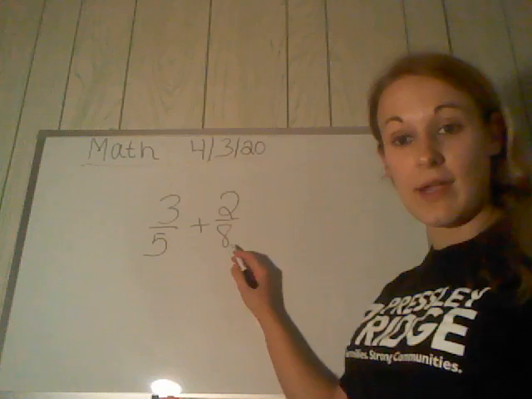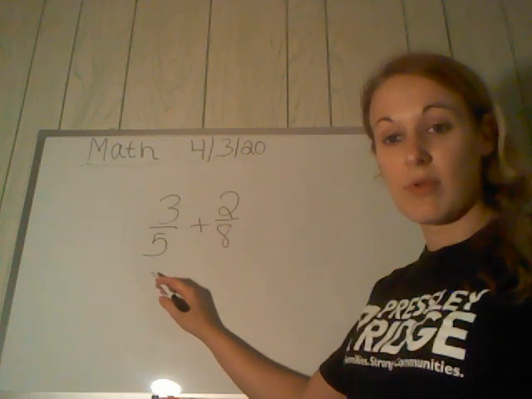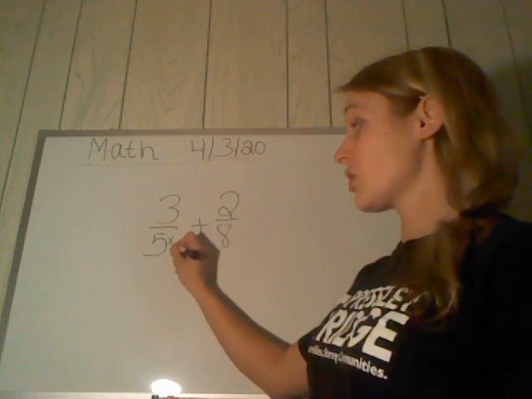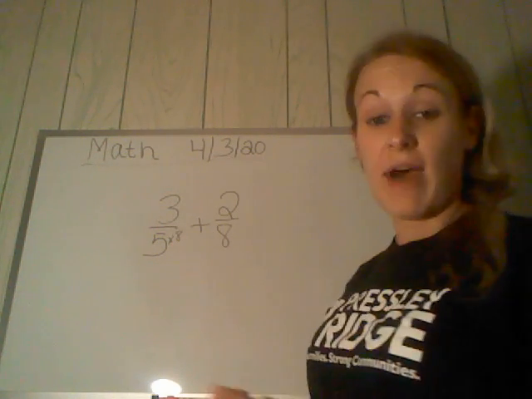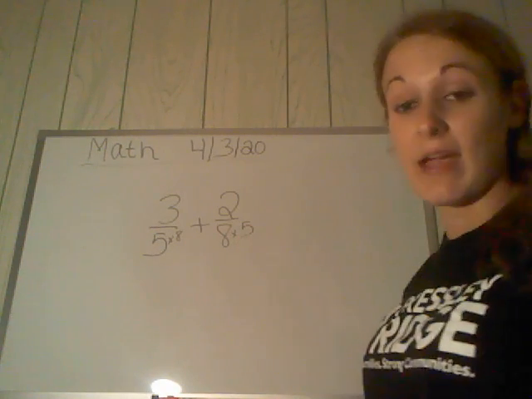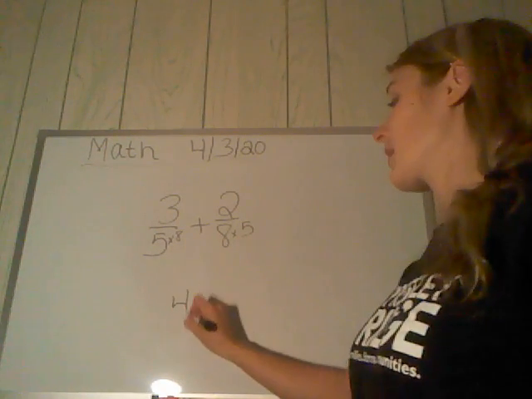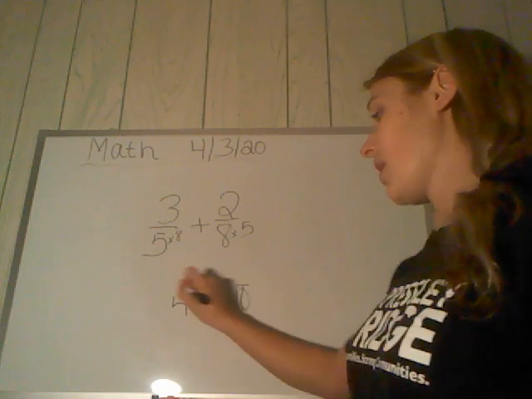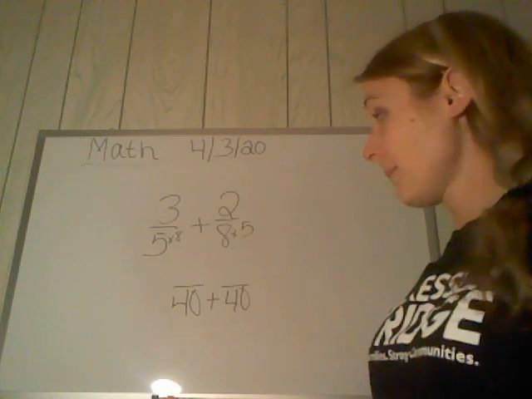Is 40 divisible by 5? Yes, it is. Because you can do 5 times 8 and 8 times 5 to get you 40. So we know that the bottom, which is the denominator, is 40.